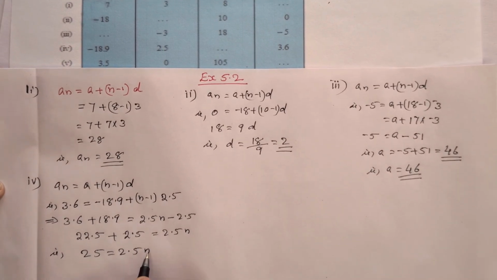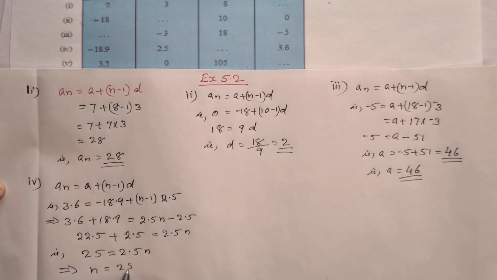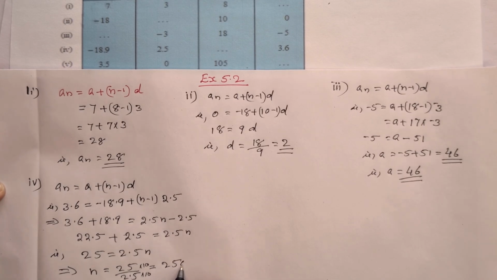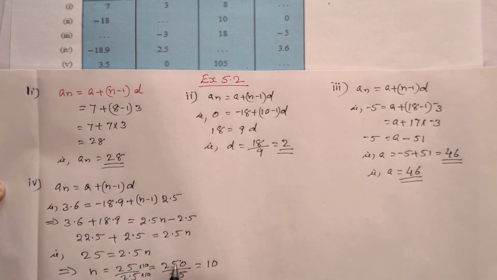Which implies N is equal to 25 by 2.5 is equal to 10. Multiply with 10, you will get 250 by 25, which is equal to 10.